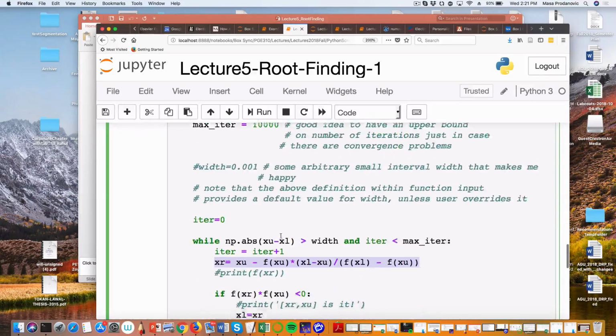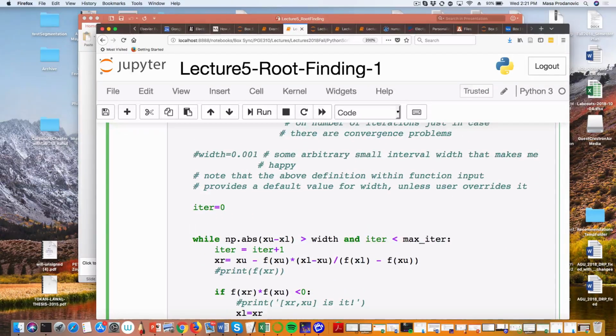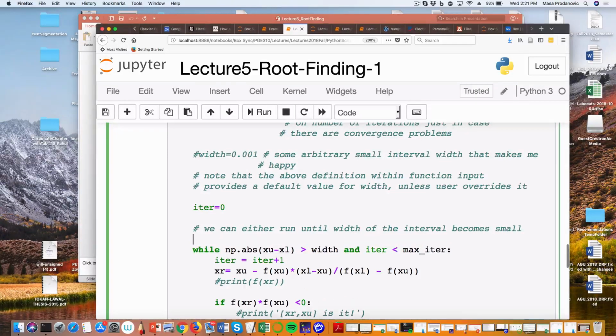So basically, I'm just going to write down a note. We can either run until the width of the interval becomes small, which is in effect the absolute error in my iteration.